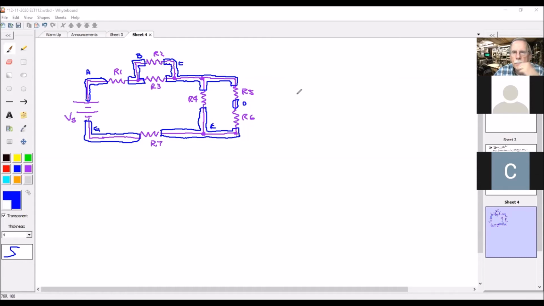I think R2 and R3 in parallel. R2 and R3. So you said R2 and R3, and I'm going to shortcut this. All right, anybody else have an idea about any of the other resistors? I think R4 is parallel to both R5 and R6 together.